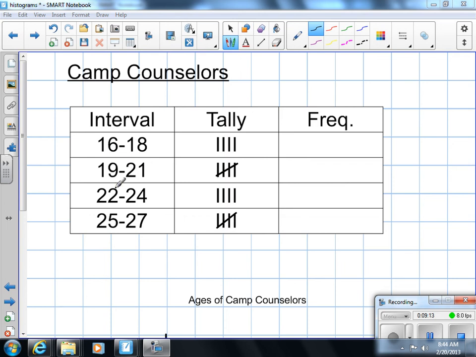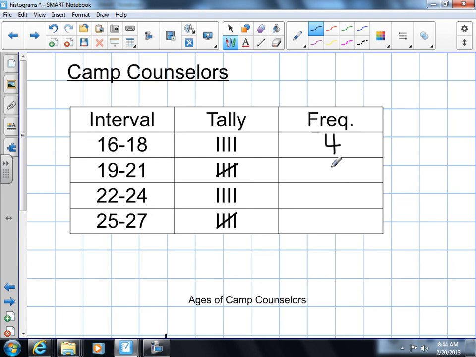What do you notice about each interval? Each contains how many numbers? 3, because I do 16, 17, and 18, 19, 20, 21, 22, 23, 24, 25, 26, 27. Okay, and then I made this data up that I had 4 that were in this category, 5, 4, and 5.